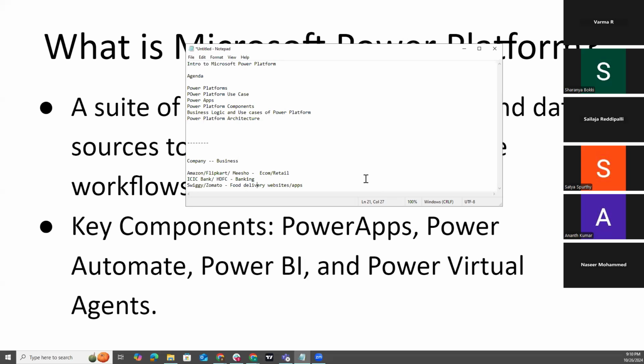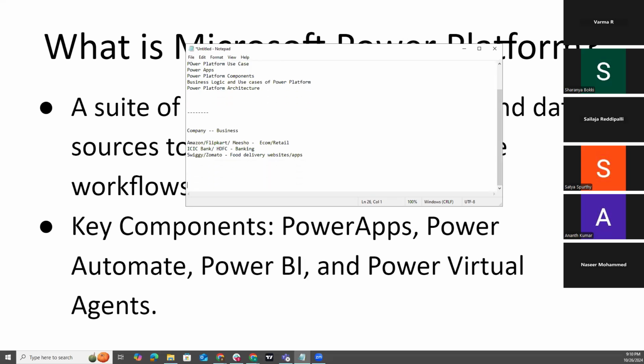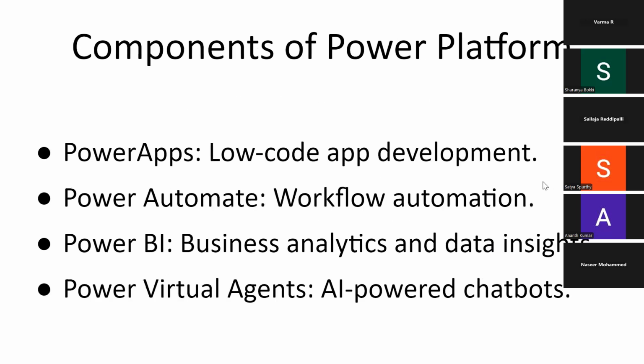Now we will go and understand what the Power Platform components are. We have Power Apps, which is a low-code app development tool. We have Power Automate, which is used for workflow automation. We have Power BI, which is used for report making, dashboard making, business analytics, and data insights.